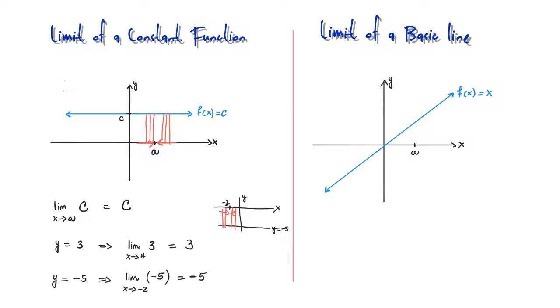Now, what happens in a situation like this line? y equals x. The argument is identical. As x approaches a from the left, look at the y values. The y values are approaching f of a. And f of a is a, because this is the line y equals x. And then on the other side, let's say that I choose an x value right here.